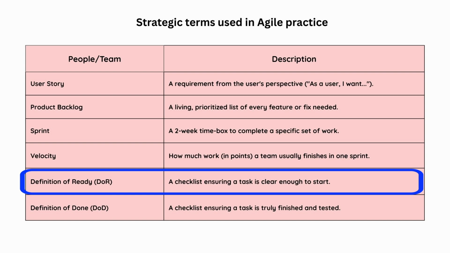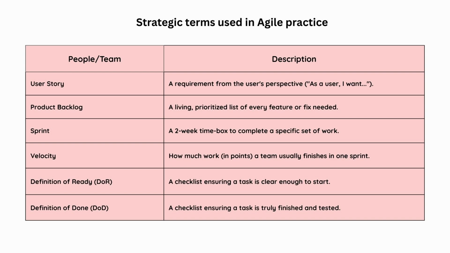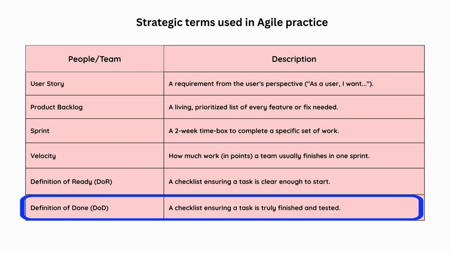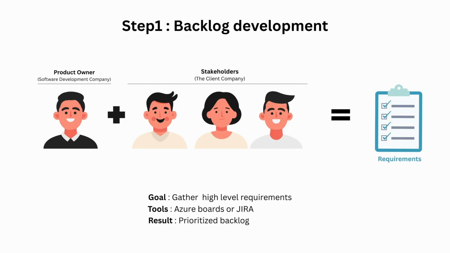It is used by the product owner and development team to confirm clarity. Definition of done, DoD, a checklist to confirm that a task is truly finished, tested, and ready to deliver. It is used by the development team, validated with the Scrum Master and stakeholders.